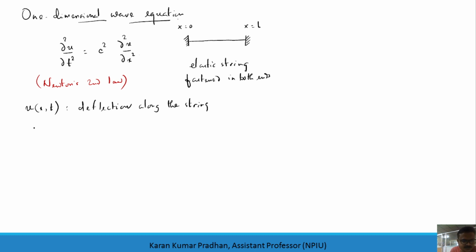Basically c squared is T divided by rho, where T is the tension, which we assume constant for the elastic string, and rho is the mass per unit length, which is also considered constant.